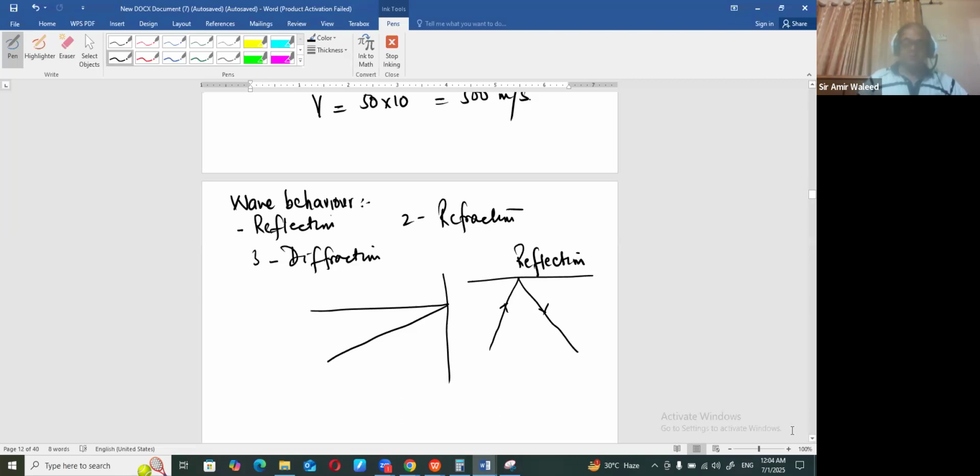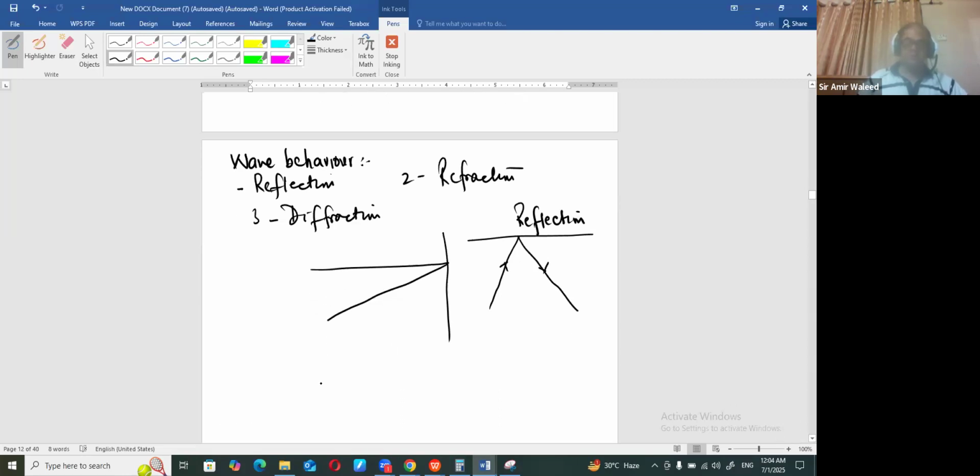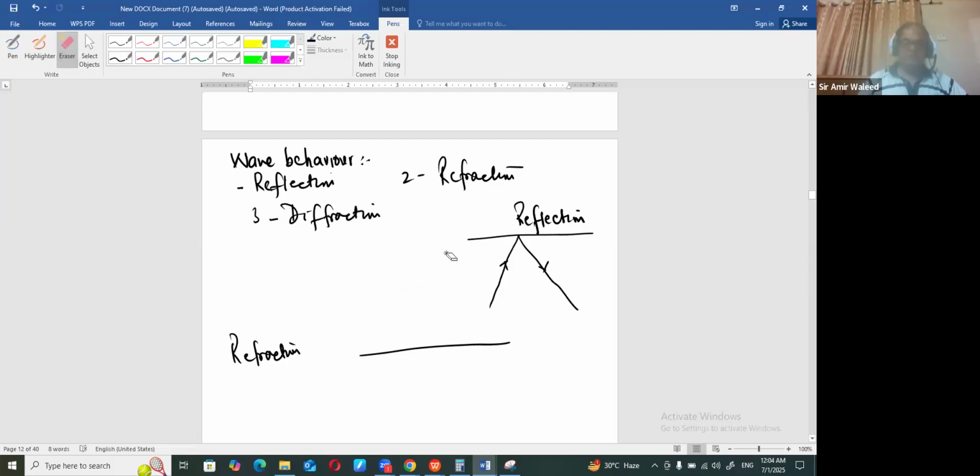And what is meant by refraction? In case of refraction, same thing, when light strikes the boundary of a medium, like that.